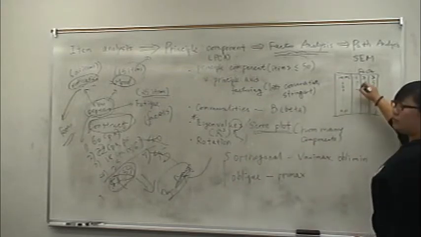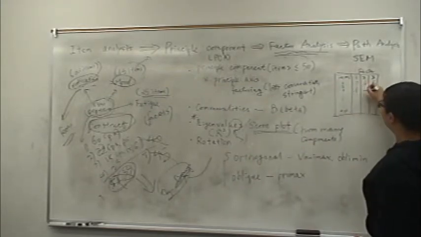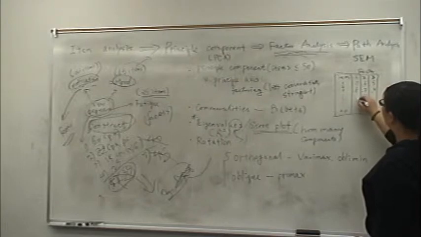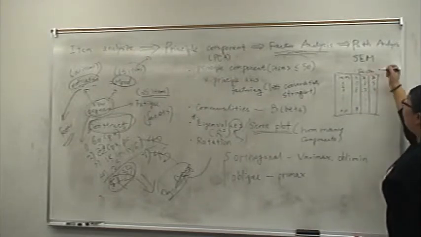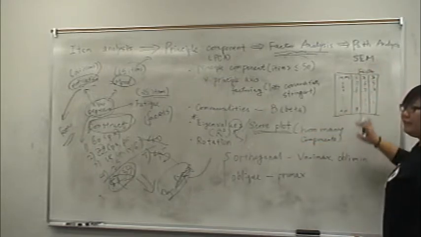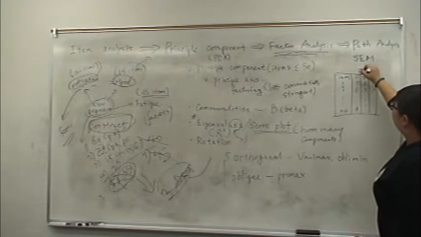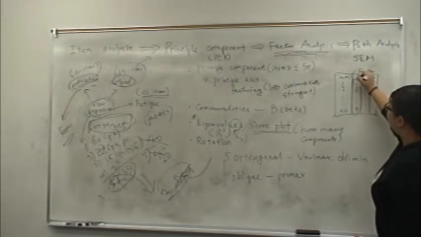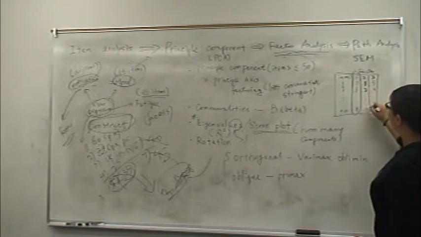Before you rotate, it could be 0.6, 0.7, 0.3, and this one could be 0.8. SPSS will create a factor loading table, but you're going to find out most of the loading is on factor 1. Factor 2 is like 0.3, 0.2, 0.1, which is very low.